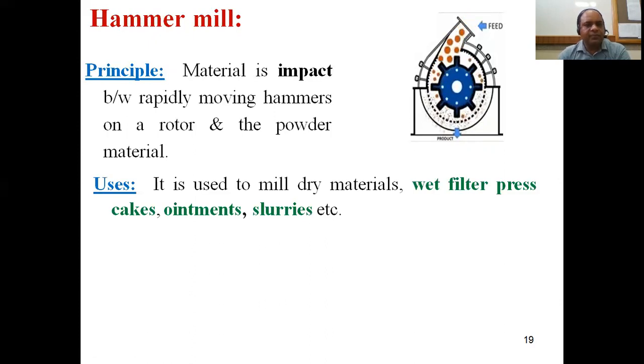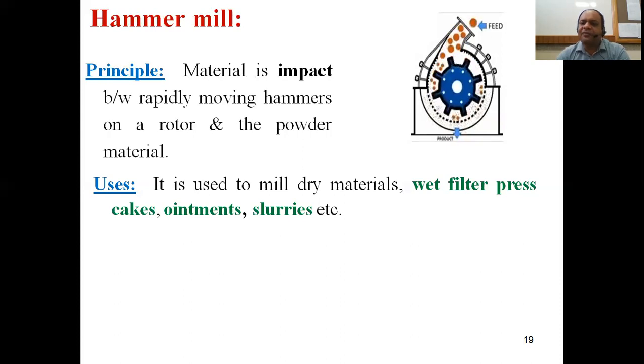The uses of hammer mill. Hammer mill is used to mill dry materials, wet filter press cake, ointment, slurries, etc. Means if we have a dry material, we reduce the size of this material by the hammer mill.